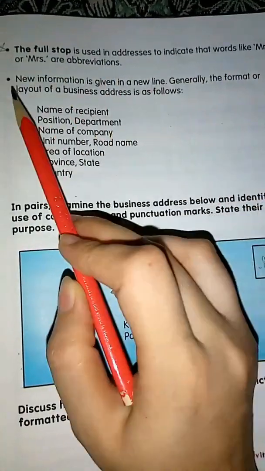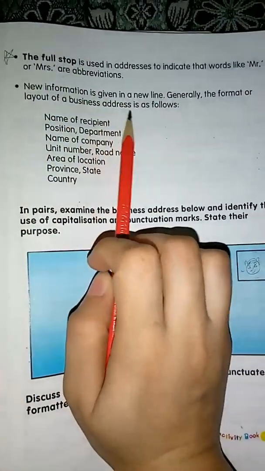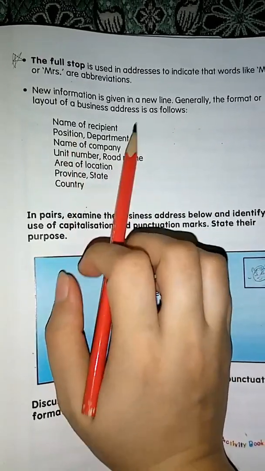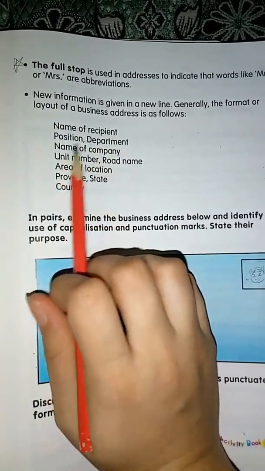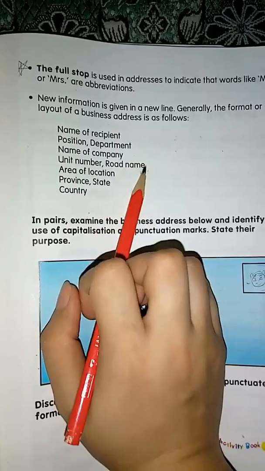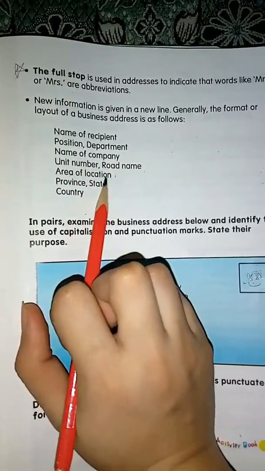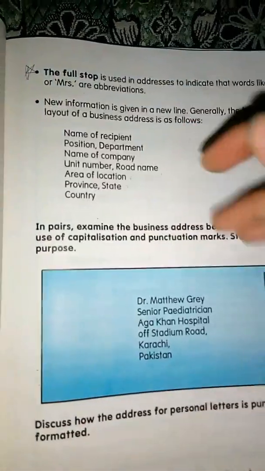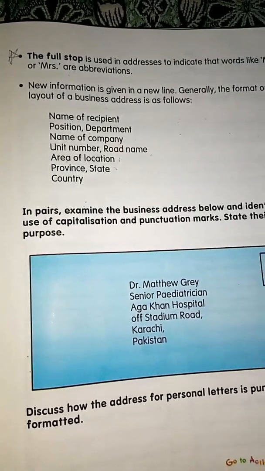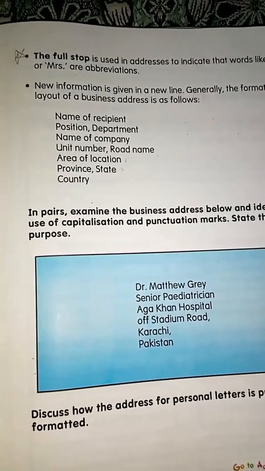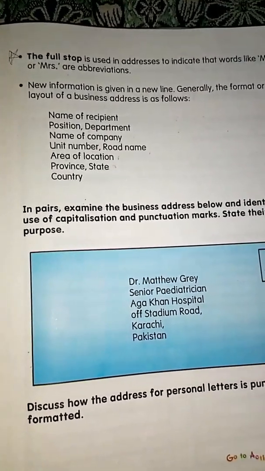Generally, the format or layout of a business address is as follows: name of recipient, position, comma, department, name of company, unit number, road name, area of location, province, state, country. We are going to use all of them in a separate line.